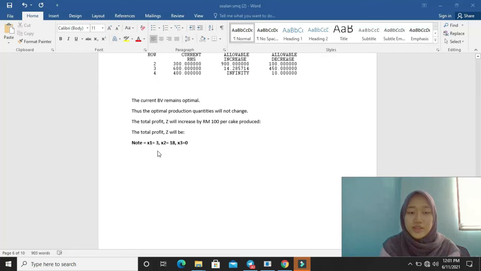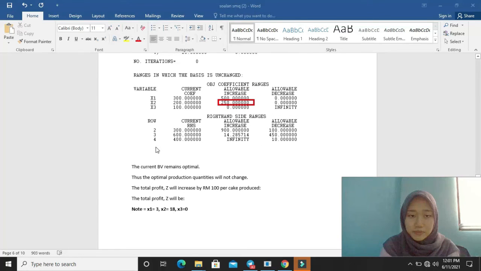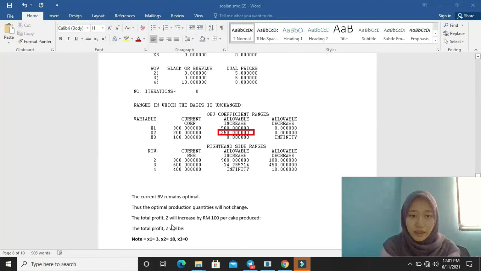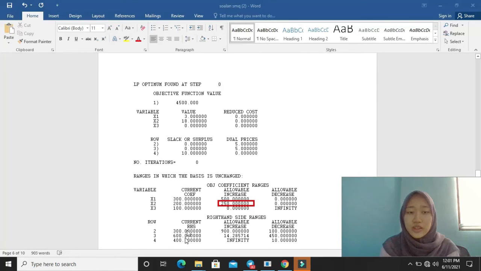So, X1 is equal to 3, X2 is equal to 18 and X3 is equal to 0, as we can see here.